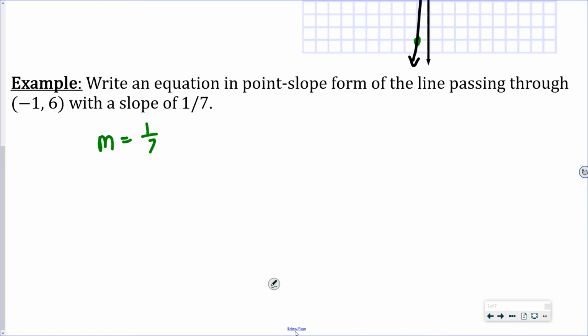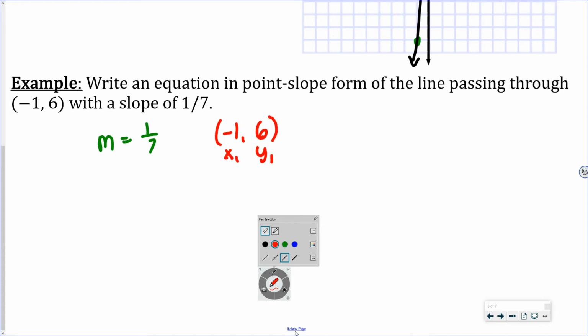Am I given my y-intercept? No. That point is not my y-intercept because my x-coordinate is not 0. So it's just a random point on my line. So we're going to use point-slope form, and I'm going to write it out because that helps you memorize it. y minus y1 equals m times parentheses x minus x1.